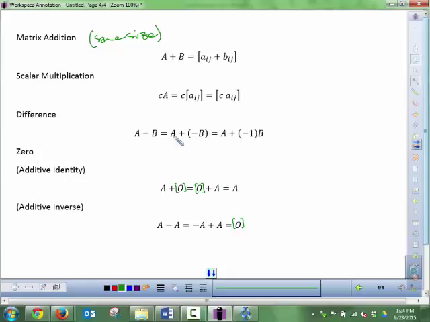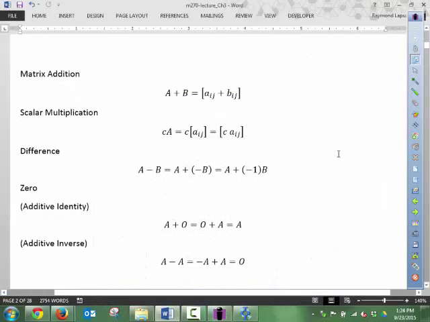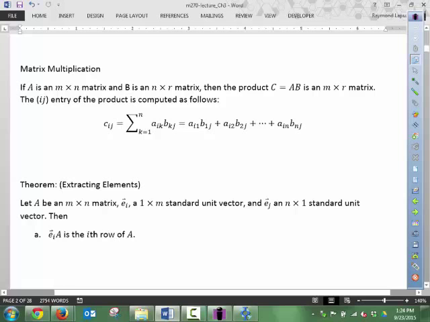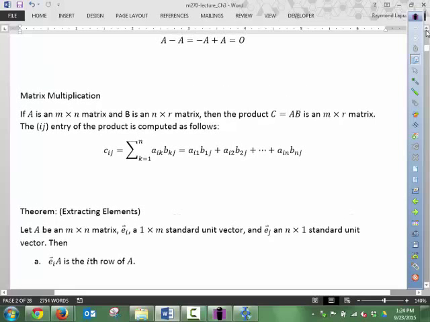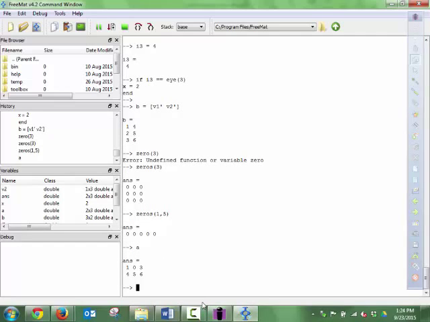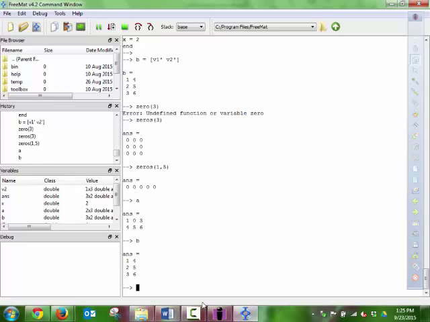So you guys don't need to see examples of this, do you? Well, if you do, I'll do it in MATLAB. Let's build a couple of matrices. I think we have A and B, but they're not the right size.